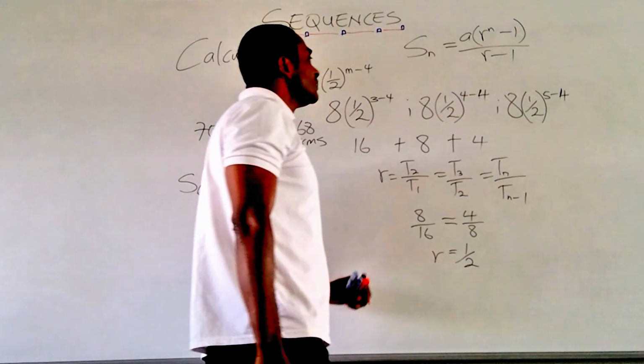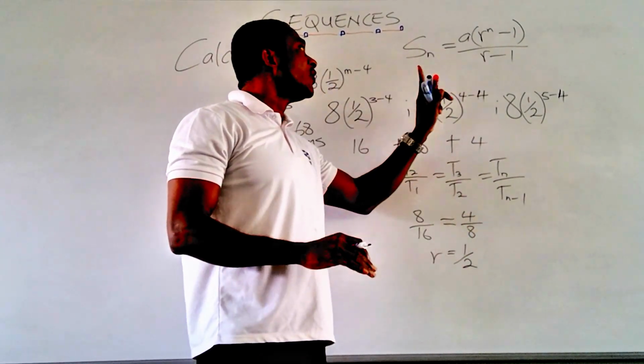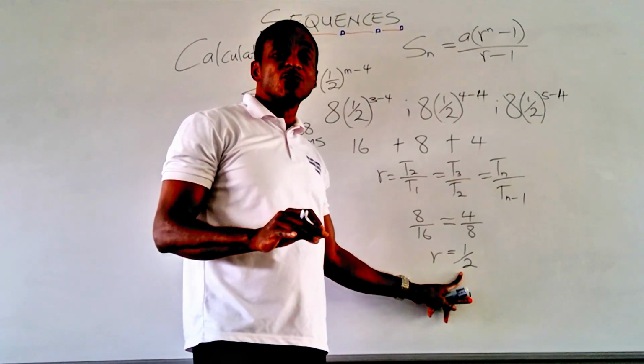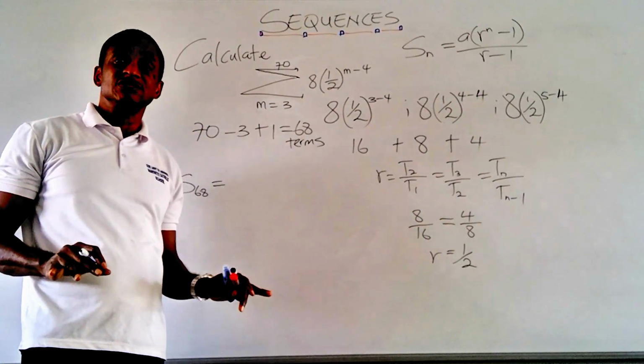R to the exponent n. But it can change to 1 minus R to the exponent of n divided by 1 minus R if the common ratio is less than 1. But irrespective of the formula that you use, we are supposed to arrive at the same answer.